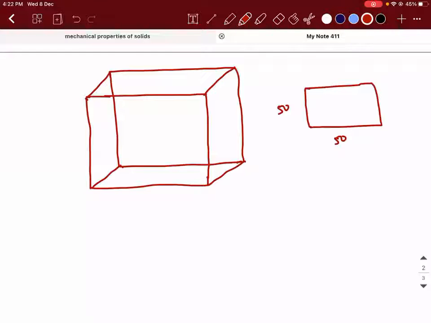And its thickness is 10 centimeter, which means it is projected towards you like this with a value of how much? 10. So this is 10, accepted. Okay. Now, how did they keep it? They kept it in such a way that the force is applied on the narrow surface. So out of all the permutations and combinations, which surface is narrow?